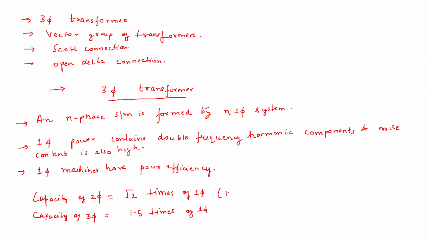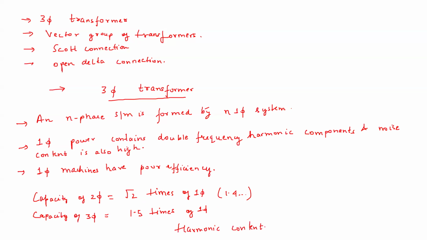It is 1.4 something. You can calculate the square root, and you'll get 1.41. So you can see that the capacity of a three-phase system is higher than the two-phase and single phase. And also you will see that in a three-phase balanced system, the third harmonic components get cancelled.